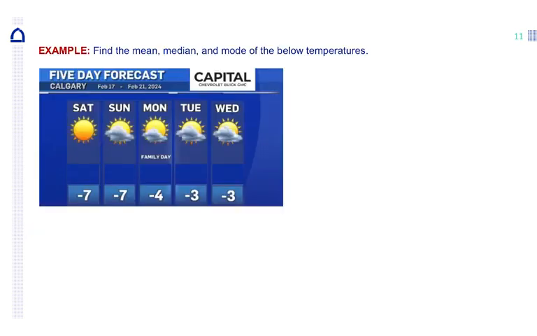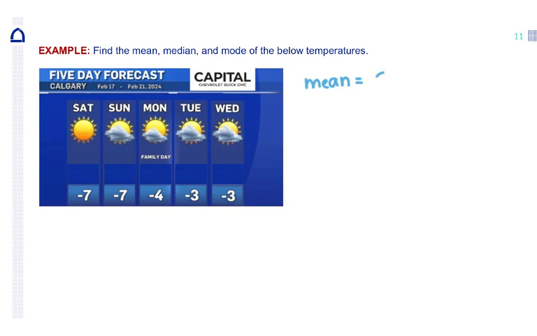All right. So in summary, let's do a practical example and find the mean, median, and mode of these weekly temperatures for a city in Canada, Calgary. So firstly, the mean, if you remember, this is the calculated average or the numerical average.